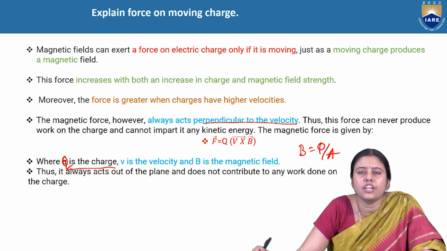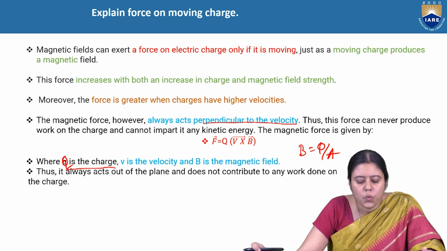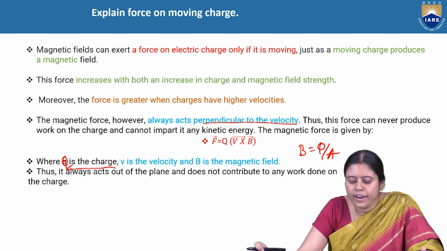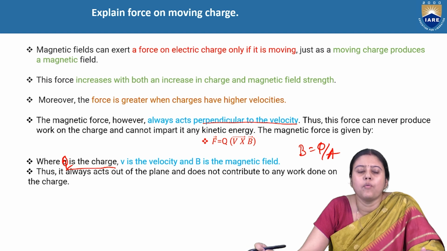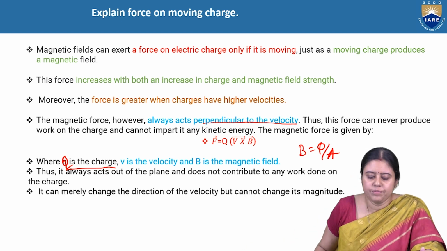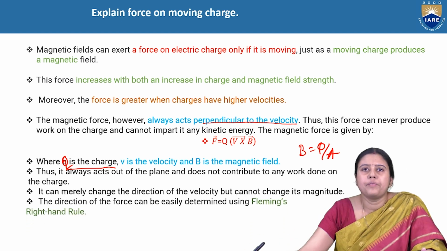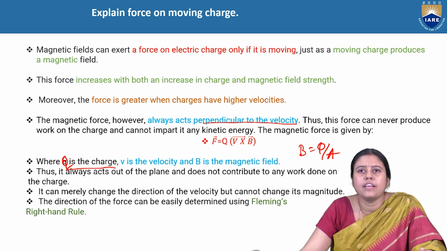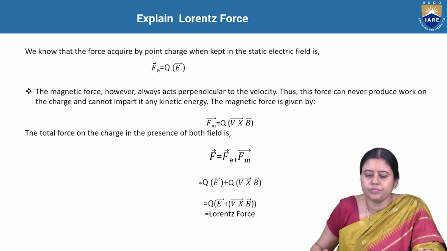This is the direction of the force. It acts out of the plane and does not do any work on the charge. The direction of the force can be easily determined using Fleming's rule.